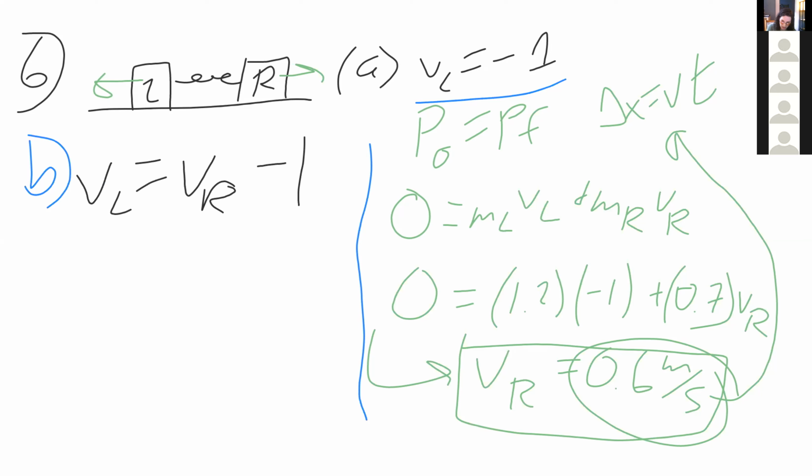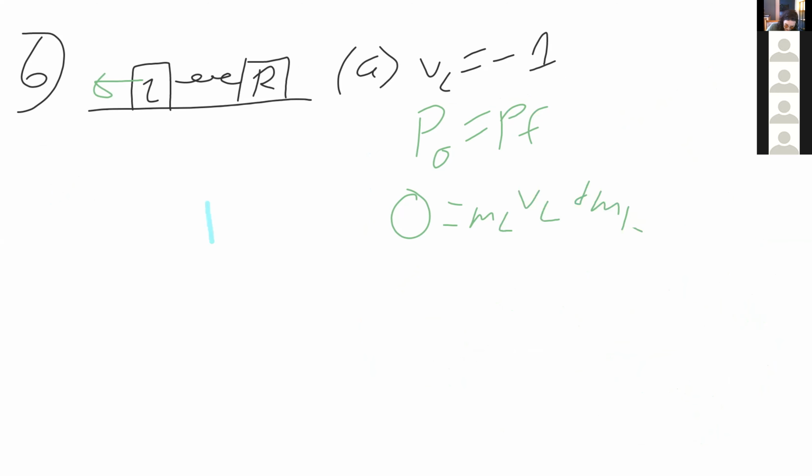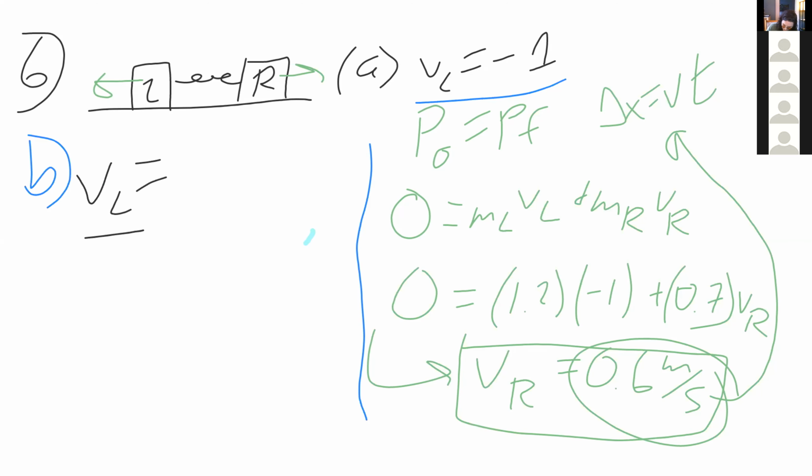So why do we do this? Because we're given that the speed of L is 1 meter per second to the left relative to the velocity of R. So you have to add in the velocity of R. That might be a more intuitive way of writing this, is that our v sub L is still -1, but then we have to do plus v sub R.